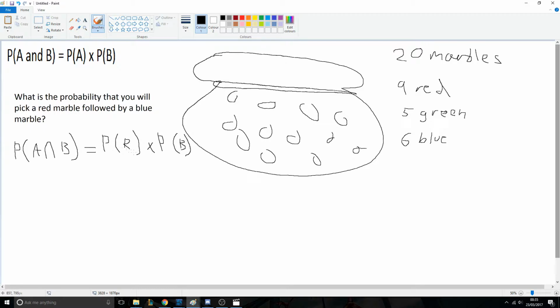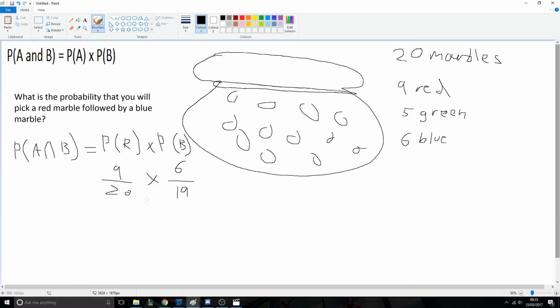So the probability of getting a red is 9 over 20 times probability of picking a blue, which is 6 over 19. It's 6 over 19 because after we take out the first marble, there'll be 19 marbles left in the bag. So 6 of the marbles are blue, so it's 6 over 19.